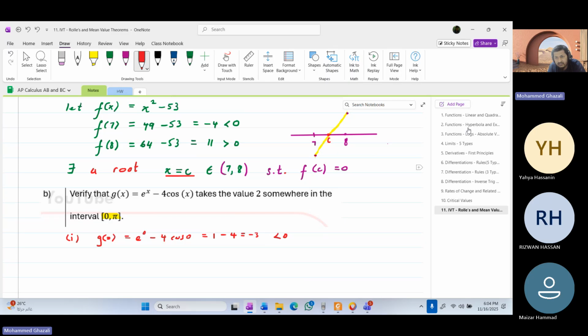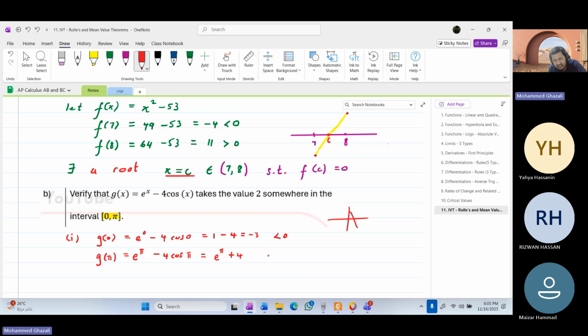That's great. And if I find g of pi, that's e to the power pi minus 4 cos pi. Cos of pi, if you remember the cos graph, is -1. -1 times -4 is +4.